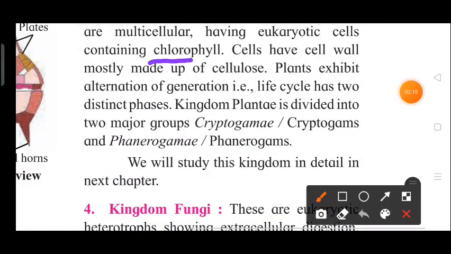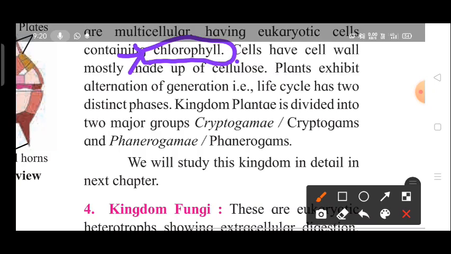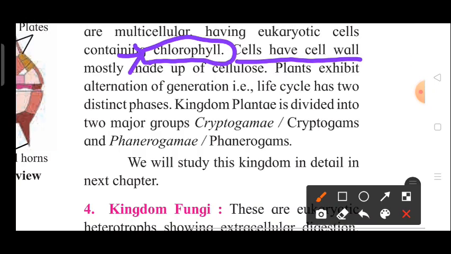As they show the process of photosynthesis, they have photosynthetic pigments, and the example is chlorophyll. Each cell has a cell wall, mostly made up of cellulose.